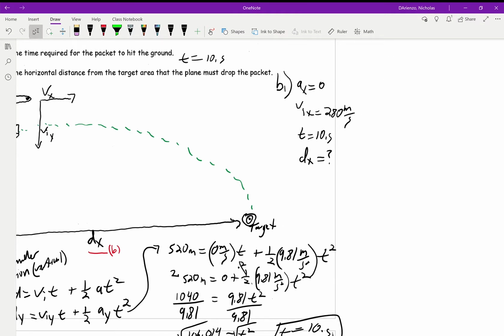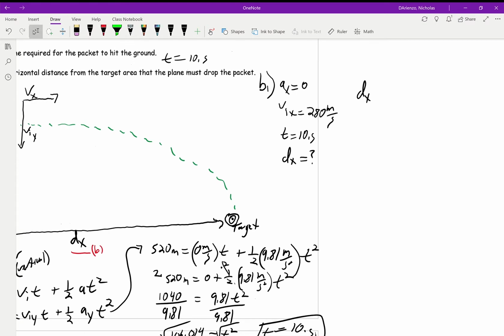But since we have constant acceleration, even though it is 0, it is constant, we can use the same equation. But we're going to replace our variables here with only x component variables. So we're going to look at the distance in the x, the initial velocity in the x times the time, plus 1/2 acceleration in the x times time squared.